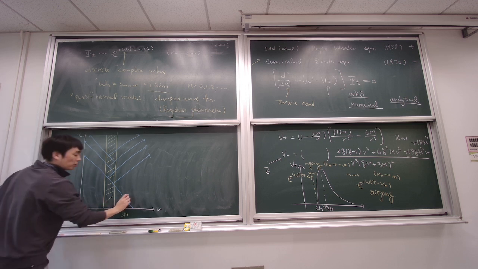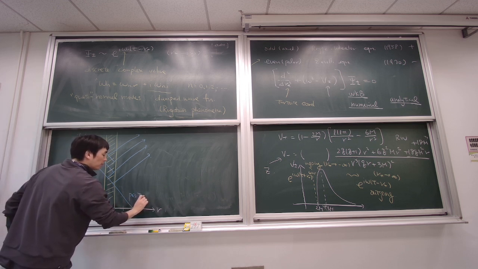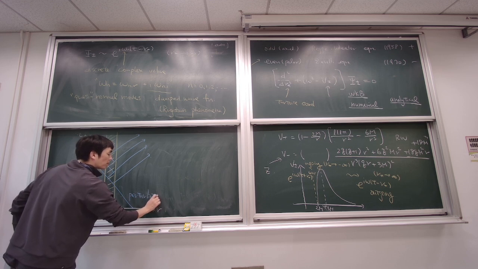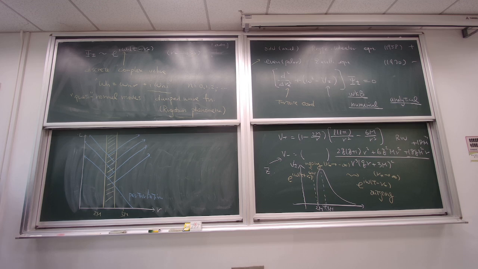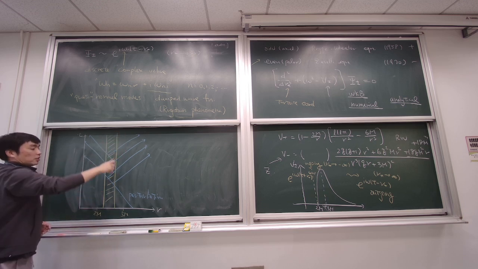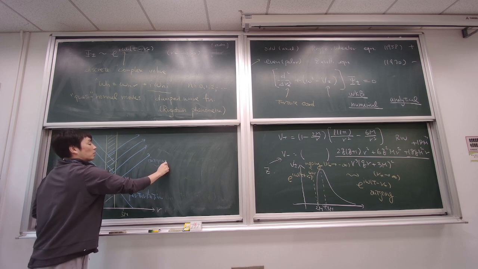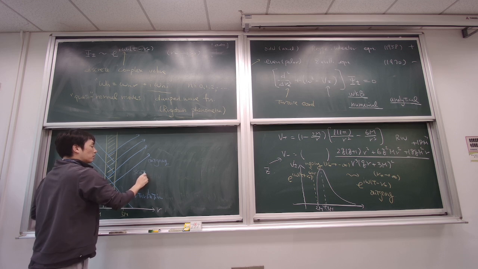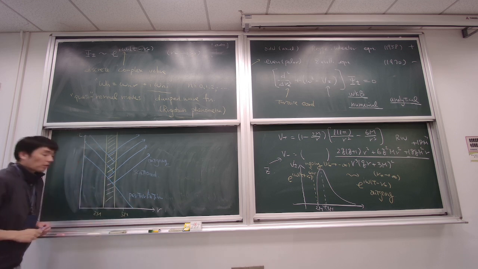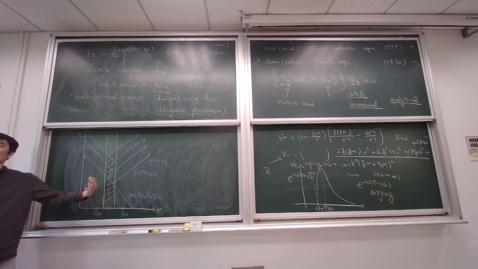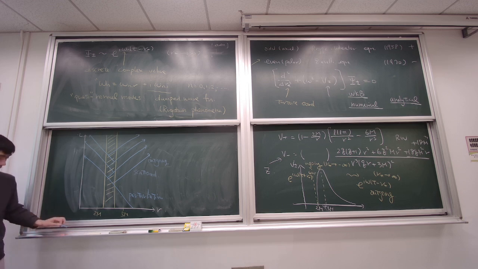So if there's a perturbation initially, scattering occurs and there is scattered outgoing wave. But some part of the perturbation will just penetrate this potential wall and then go into the black hole horizon.